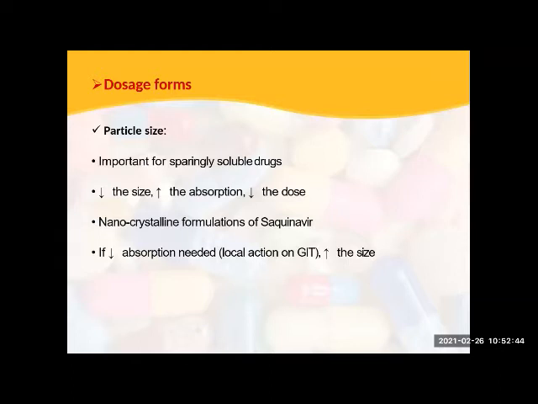Okay, so if a specific requirement says that we have to decrease the absorption of the drug, in which condition would we have to decrease the absorption of the drug?